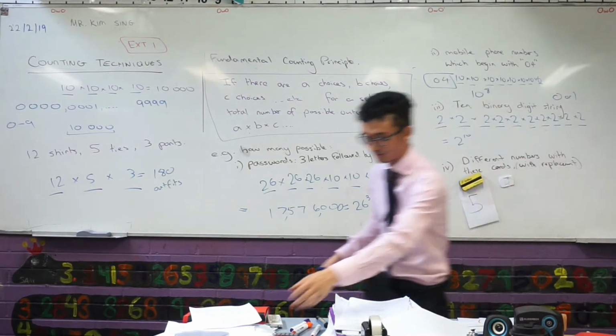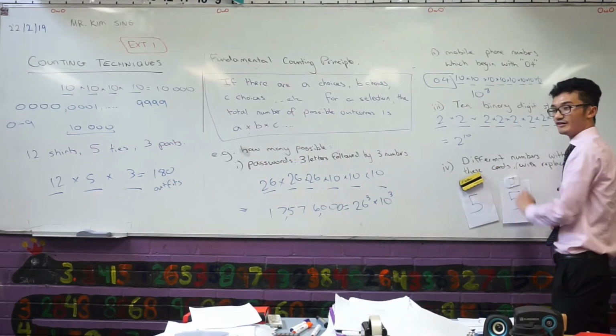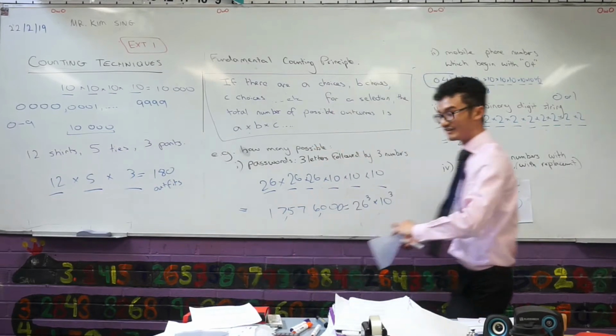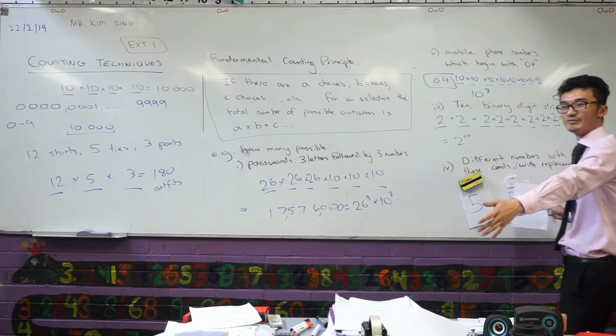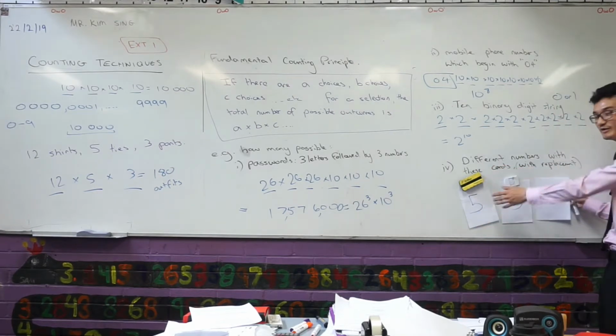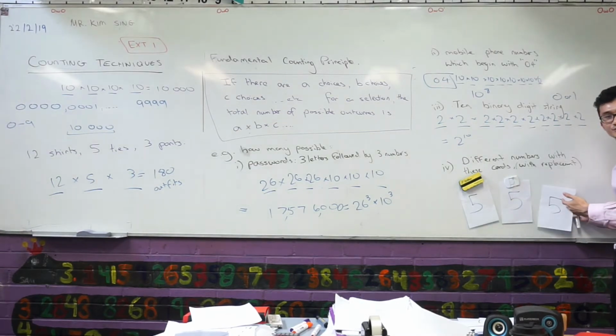With replacement implies that I can actually get another 5 card and put it there. Or I could even get a third one and put it there and make 555, right? If I'm not replacing it back into my pile, I wouldn't be able to make something like this because I would have run out of 5 cards. Does that make sense?